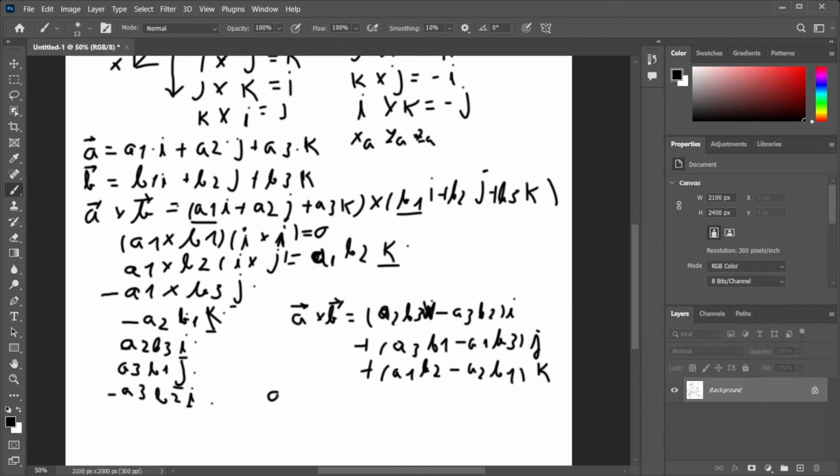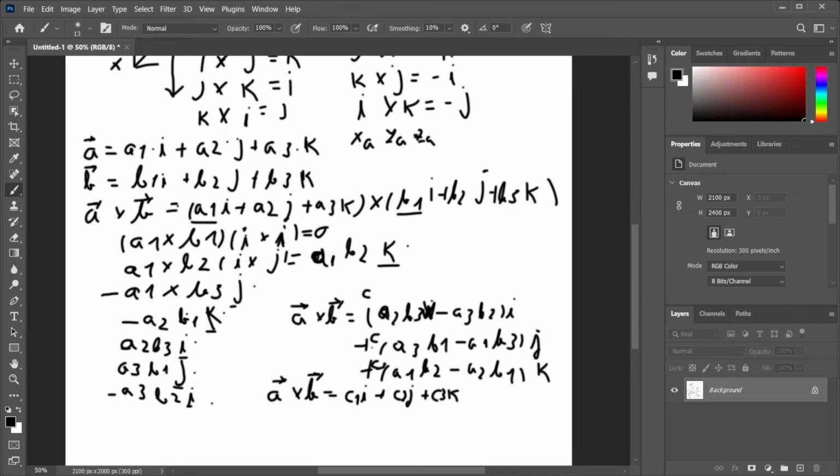So we can say that a times b will have c1 i plus c2 j plus c3 k. And this is c1, c2, and c3.